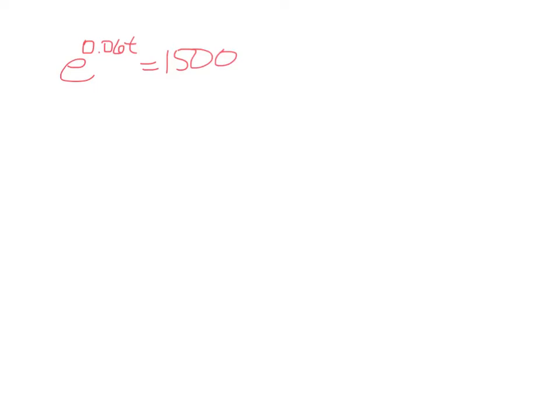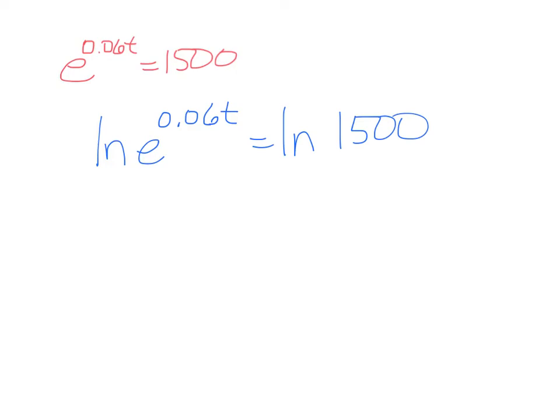So if we take the natural log of both sides, this makes it into a very simple problem. Again, you're going to have to use your calculator to figure out what the natural log of 1500 is. But the whole reason that I picked natural log here is because when we take the natural log of the number e, we're just left with its exponent.